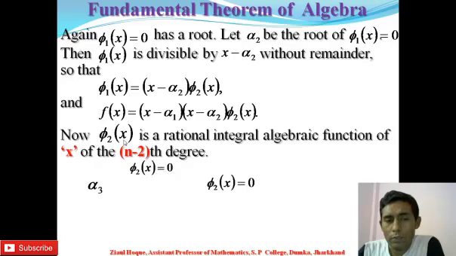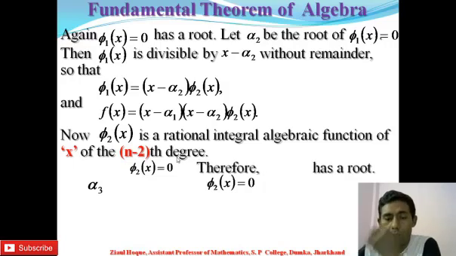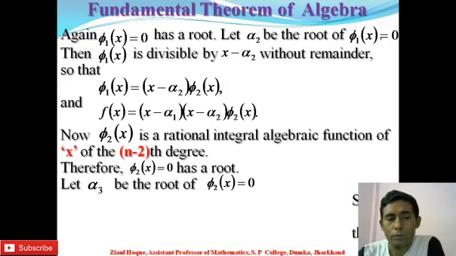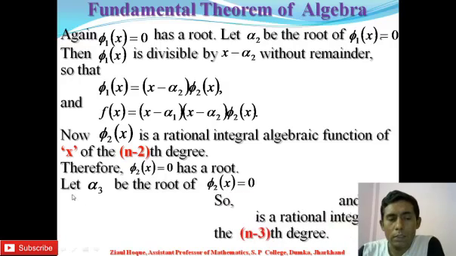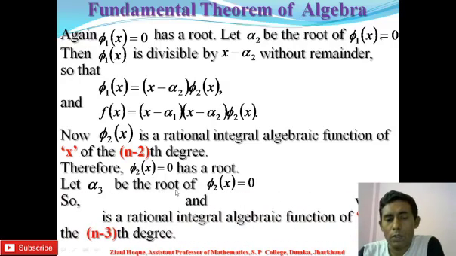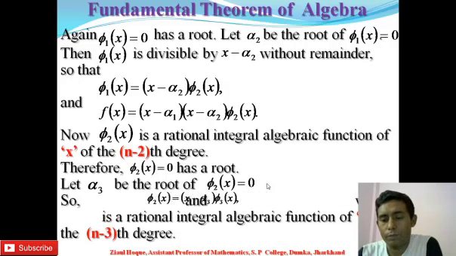Now, phi 2x is a rational integral algebraic function of x of the n minus 2th degree. Therefore, phi 2x has a root. Let alpha 3 be the root of phi 2x is equal to 0.